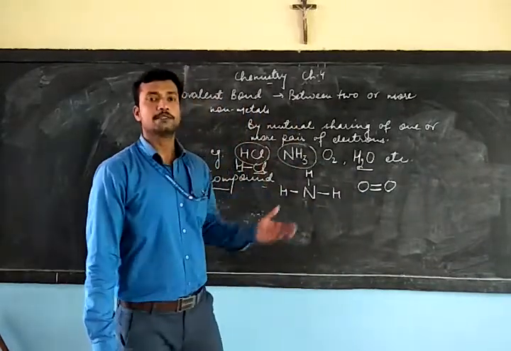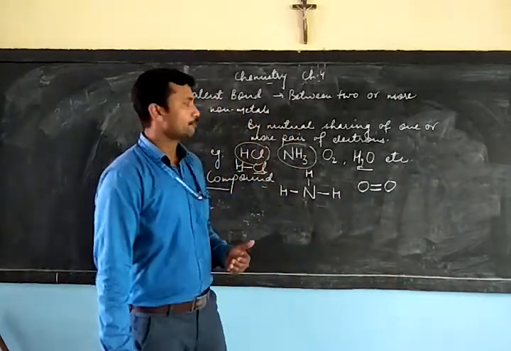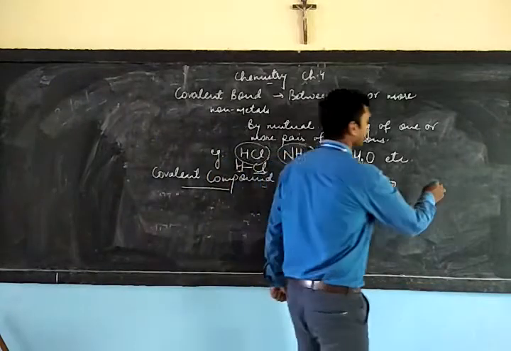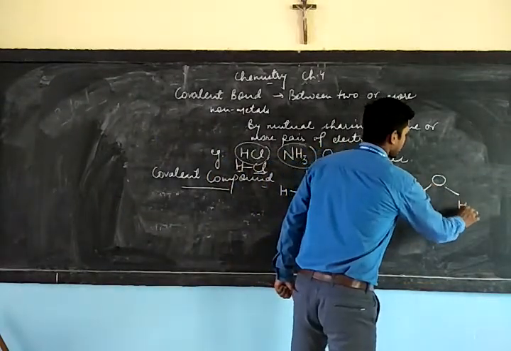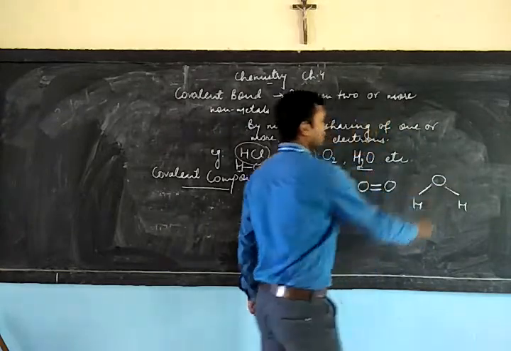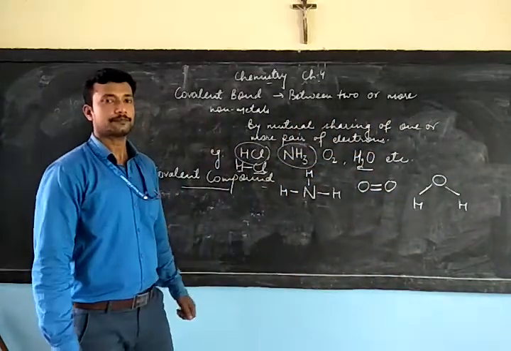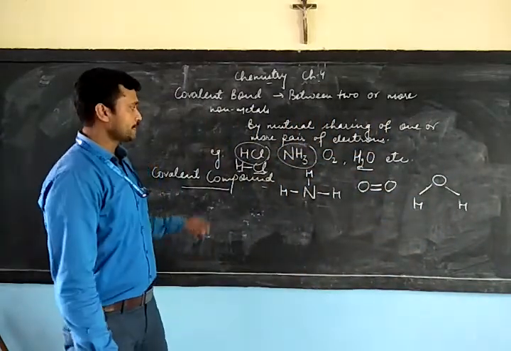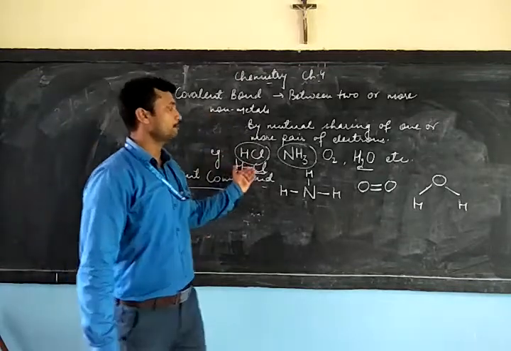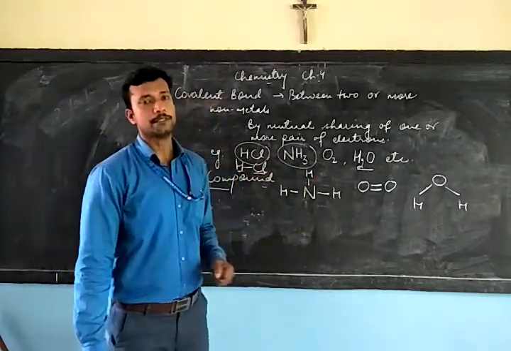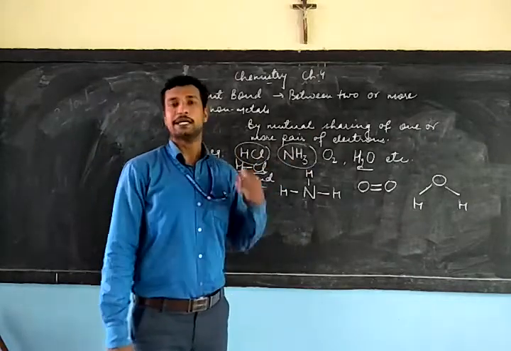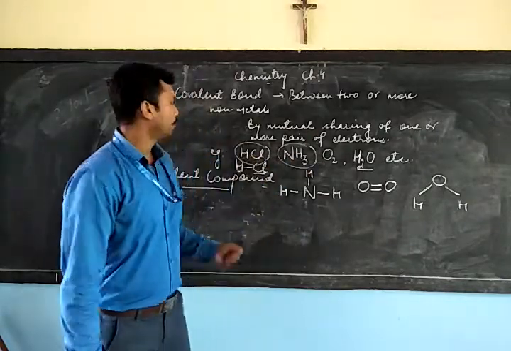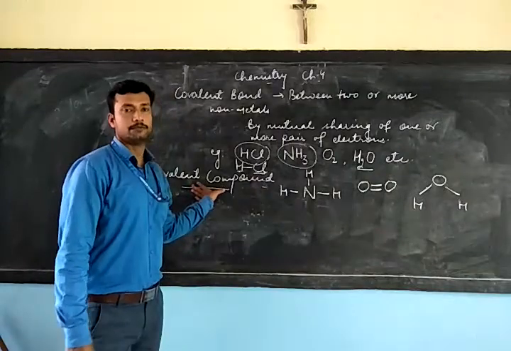It also has covalent bonds. Draw the structure, this is how it will be. This is oxygen with two hydrogen atoms bonded with two covalent bonds. So as I said, these are the bonds that will be formed only between two non-metals, and all compounds that contain covalent bonds will be covalent compounds.